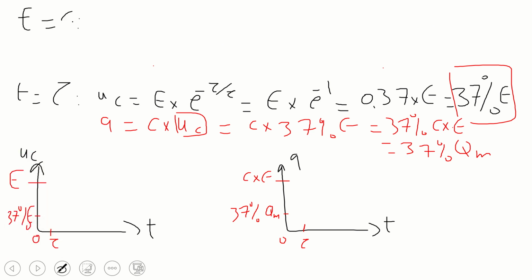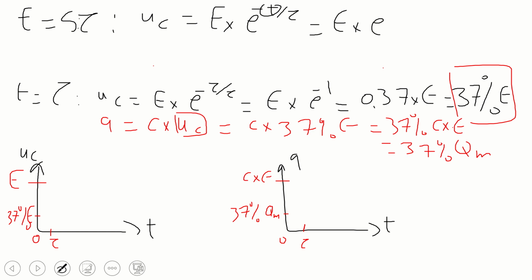At t equals 5 tau, UC equals the maximum voltage E times exponential minus t over tau. The time t is replaced by 5 tau, so 5 tau over tau, so it equals E times exponential minus 5.